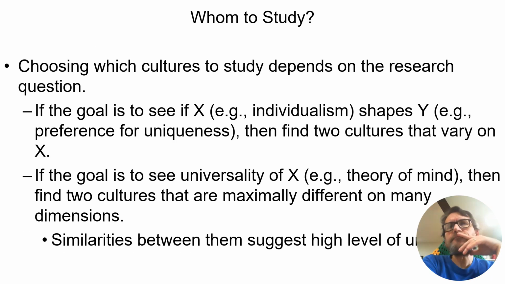Okay, so when doing cultural research, who should you study? Well, if you want to study cultural differences and you compare the United States to Canada, you're probably going to hit a lot of dead ends. So if you want to study things such as individualism versus collectivism, you want to find two cultures that are furthest apart on such a measure.